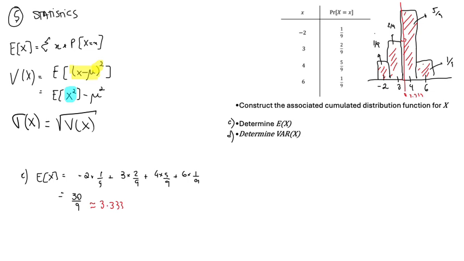All right, so the other statistic that we saw was variance. Before going to variance, let's just recap what the expected value means. So this 30 over 9 is 3.33333, right? So this is somewhere here.